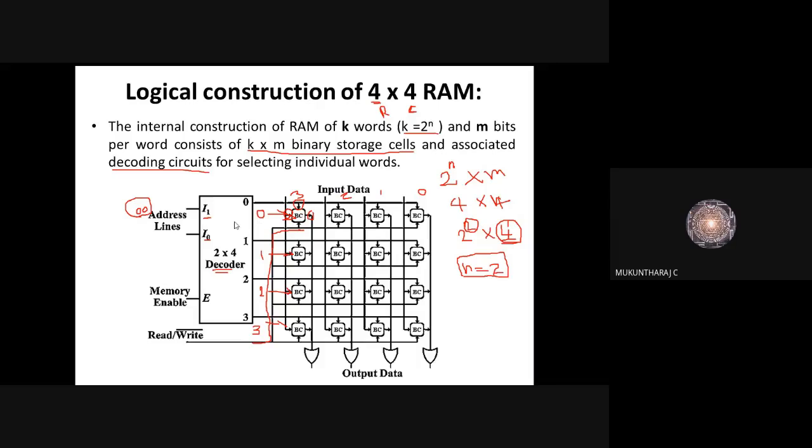So with the help of the decoder we are enabling the binary cells. By enabling the 0th output of the decoder we are enabling the 4 binary cells available in the 0th row. After enabling these 4 binary cells you can apply the read write control signal.